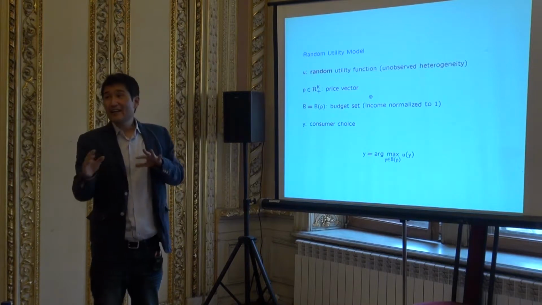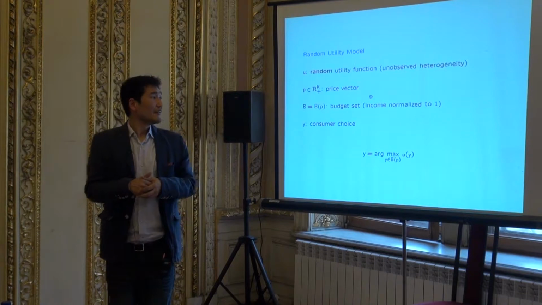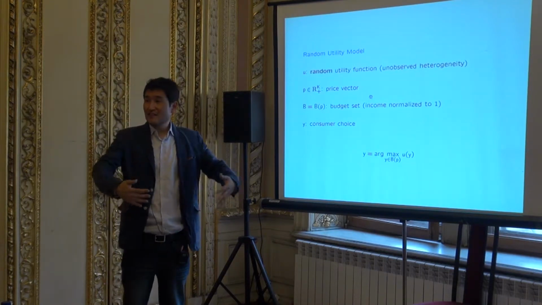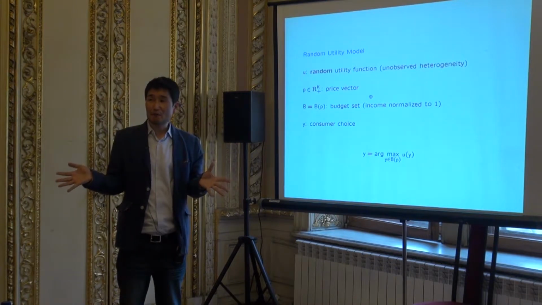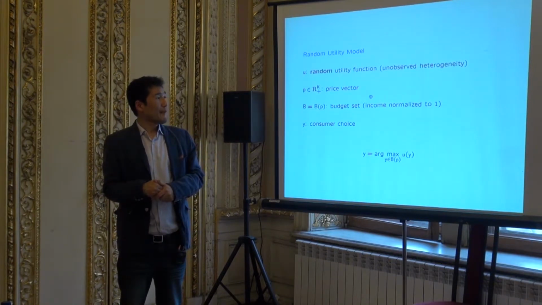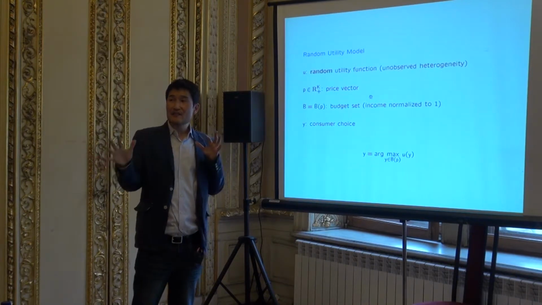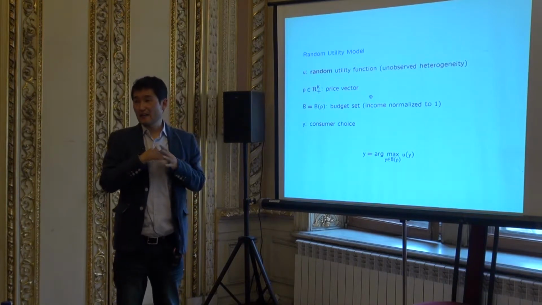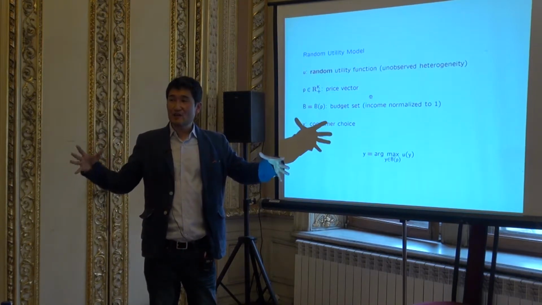To make the story concrete, suppose I have data for, say, 100 people, and I'm worried about the difference in the taste of people in, say, St. Petersburg. That's the population I'm looking at.